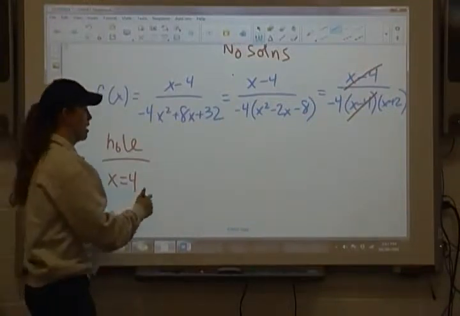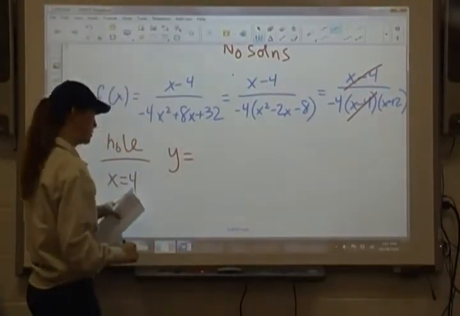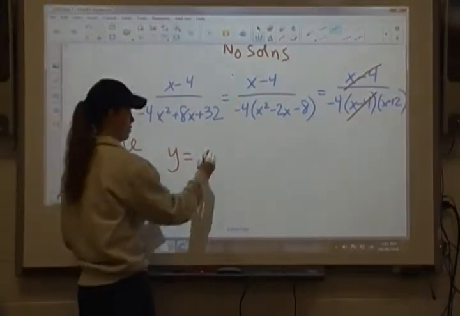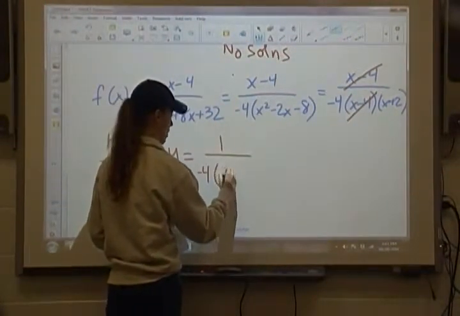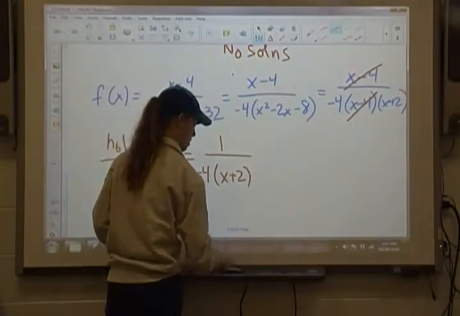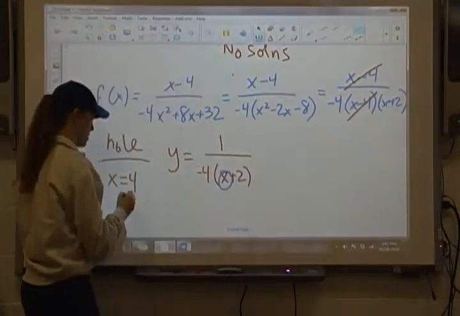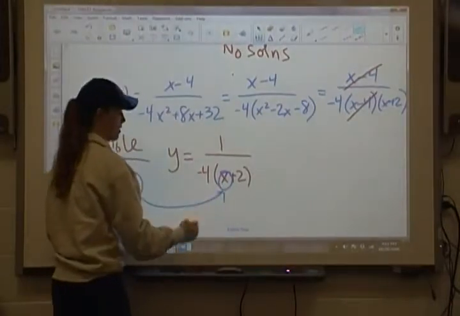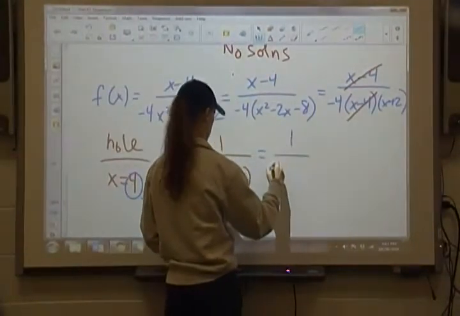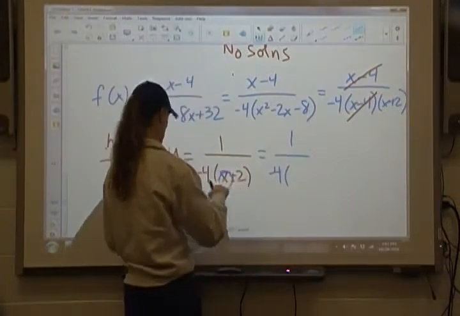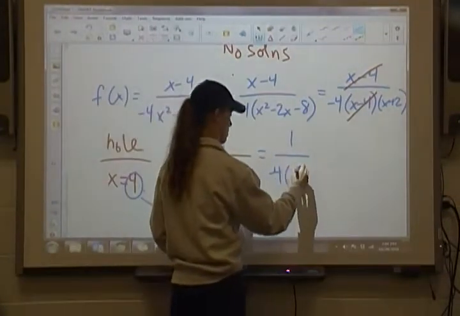And now we're going to plug our x value of 4 back into our equation. So we have 1 over -4 times x plus 2. So x is going to be 4, so we're going to put that in there. And so we'll end up with 1 over -4 times 4 plus 2, which is 6.